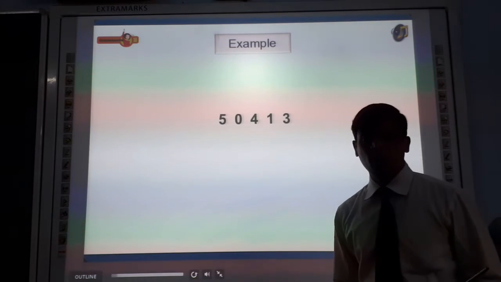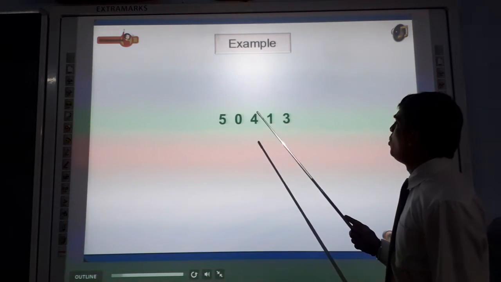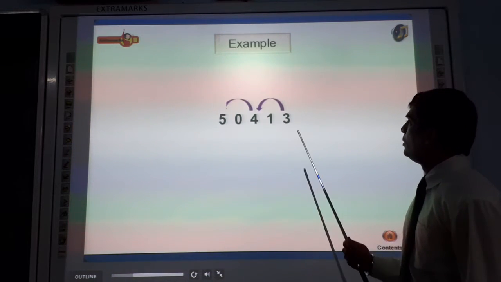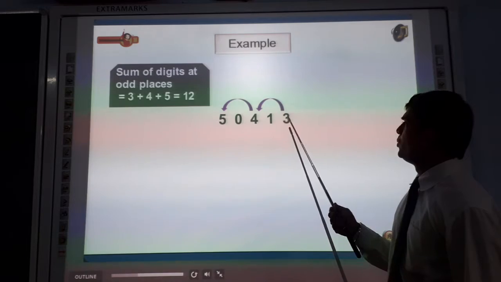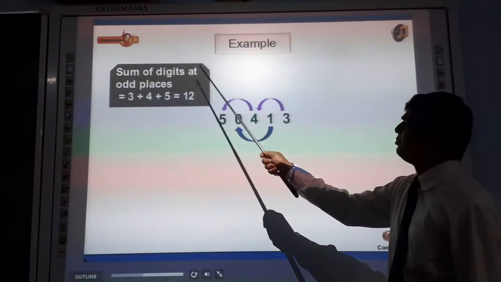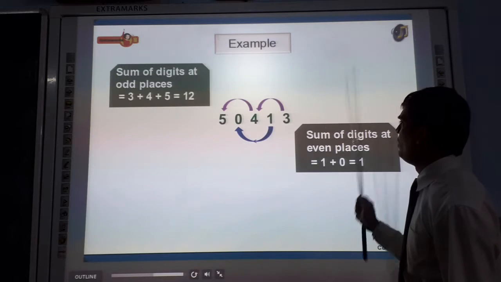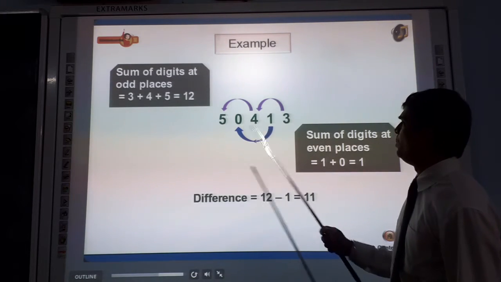For example, 50413. Okay, look at this, show the arrow. Sum of digits at odd places: 1, 3, 5. This is odd places.